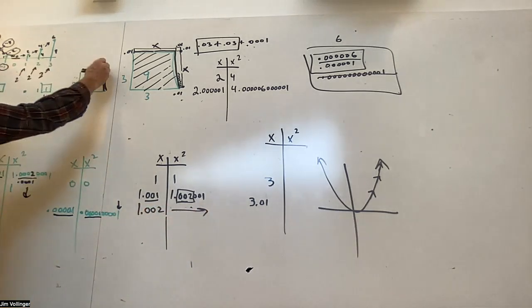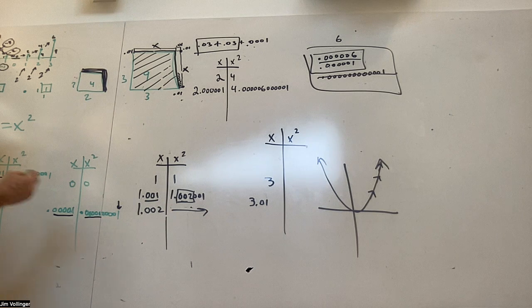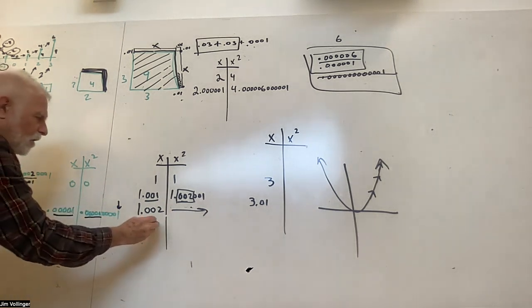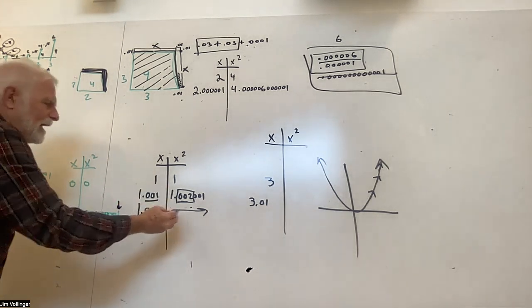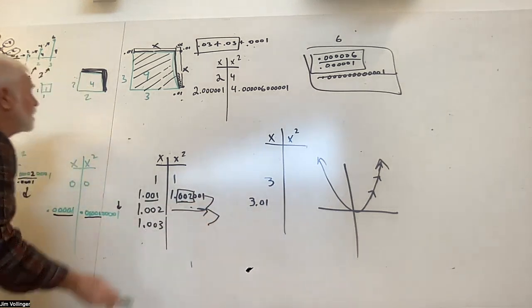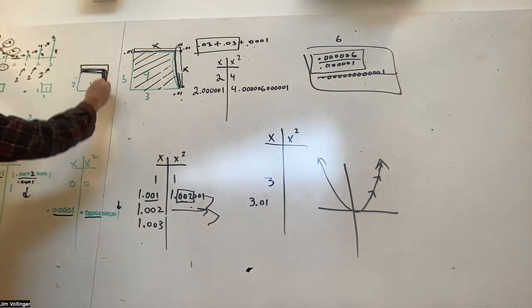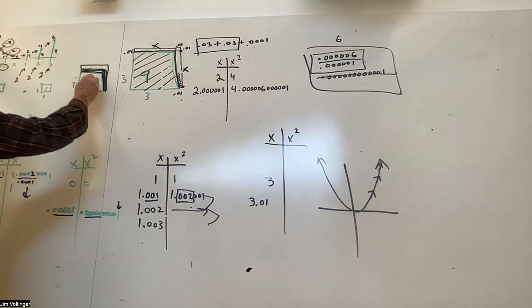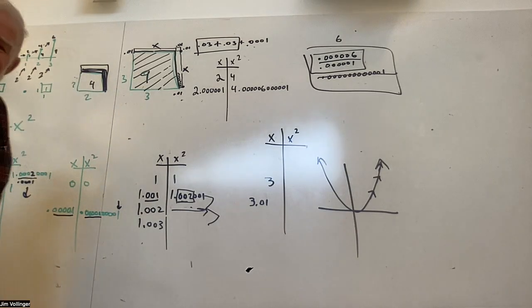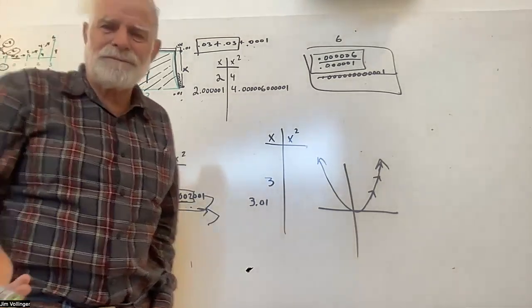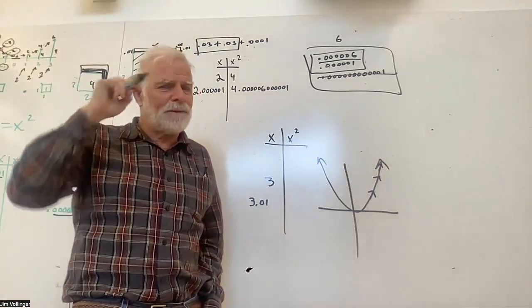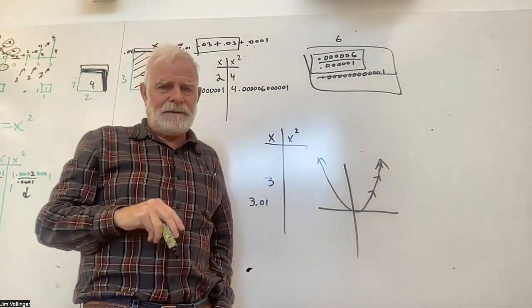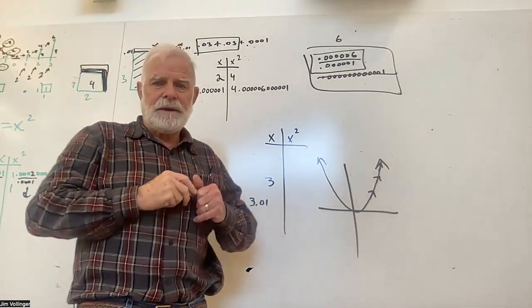That would be another layer, so on and so forth. And if I kept doing that, 1.003, and added up all these changes, well, I would get the difference between 9 units of area and 4. That's what you're going to be studying in the future. All right, and so I want to plant that seed now. I definitely want to plant that seed now.